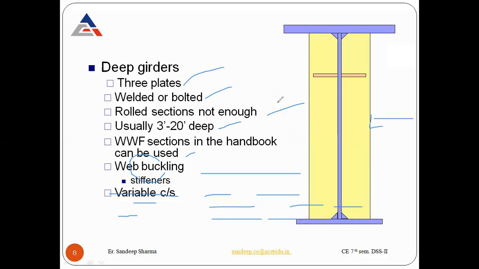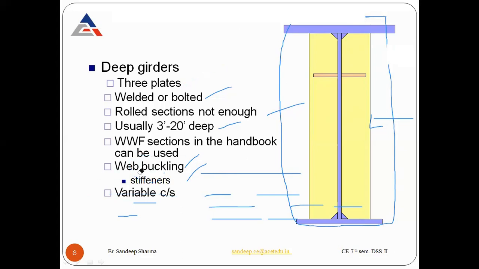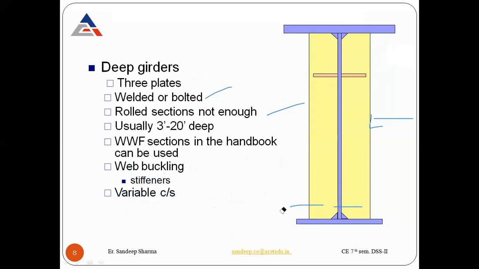Web buckling will be there, and we will provide the stiffeners as well. So this is the kind of plate girder you can use, in which we have the flange section, the web section and the stiffeners as well, and other rolled steel sections that you can use along this plate girder.